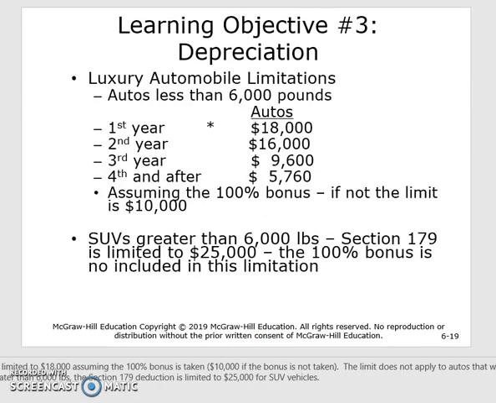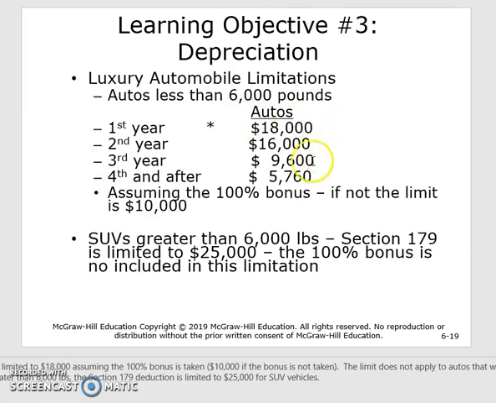So there are luxury automobile limitations put into place for depreciation. This kind of dissuades business owners from buying really expensive cars for business use. The limitation for automobiles of less than 6,000 pounds for the first year is $18,000.